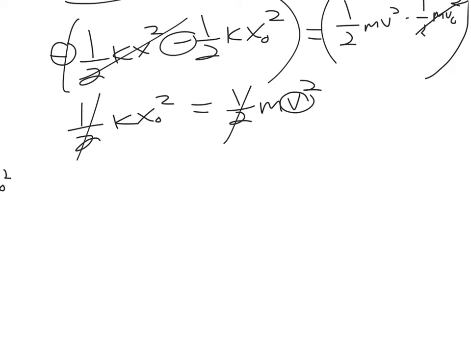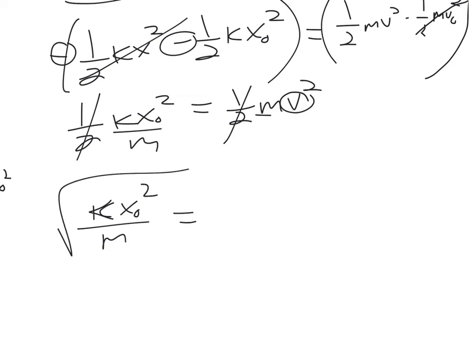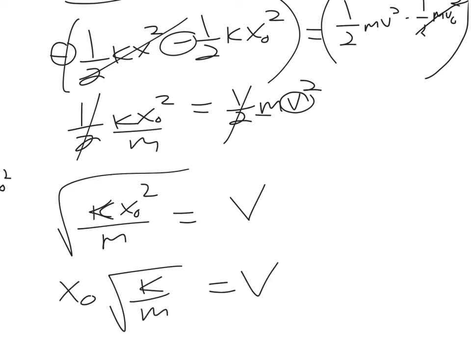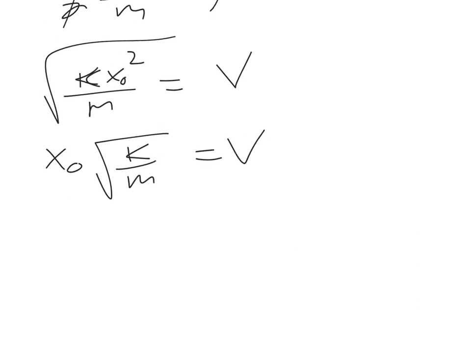I'm going to divide by the m on this side and get k x naught squared over m equal, and I have to square root that, should equal v. I could even pull the x naught out of the square root, so I get x naught square root of k over m equals v, which I guess would make the calculator easy. Probably not. So the x naught was pushed back, I think, 10 centimeters. I need to look that up, though.